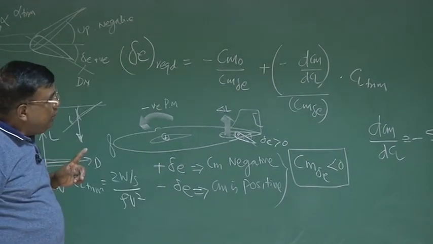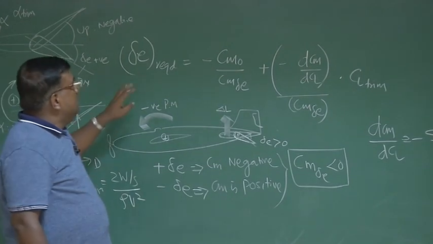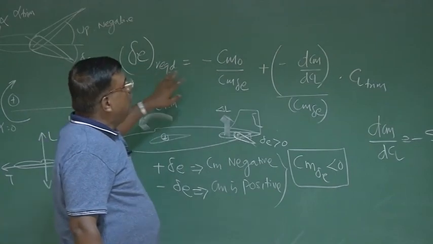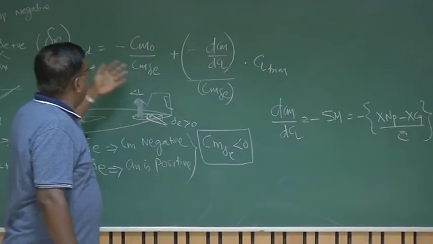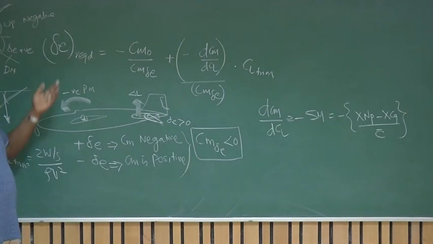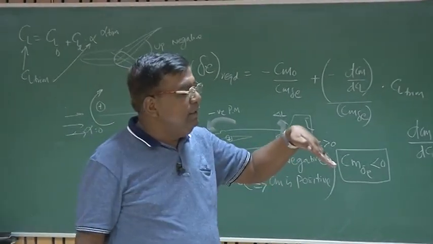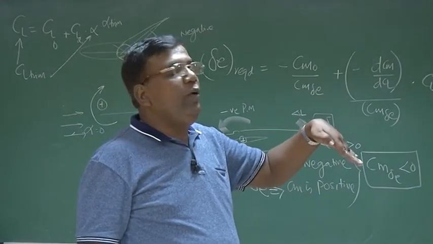But understand one more important thing. This is an expression, right? You go on putting in CL trim, it will go on giving delta E required. But there is a limit. If I go on deflecting the elevator like this, there is an angle beyond which the flow will get separated.